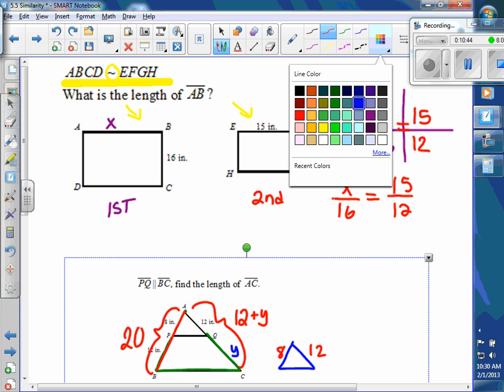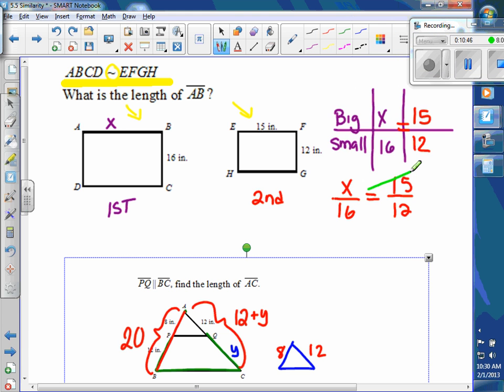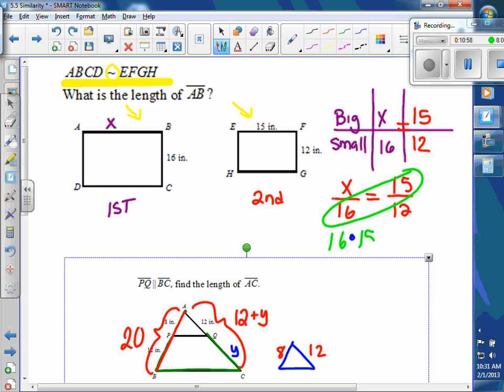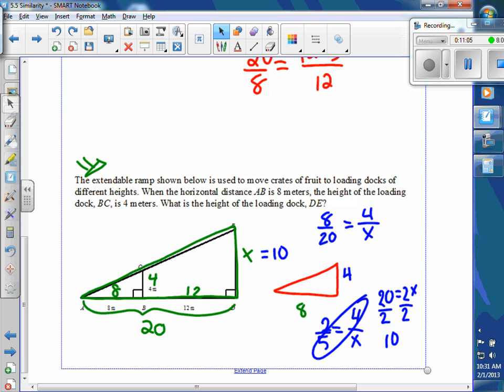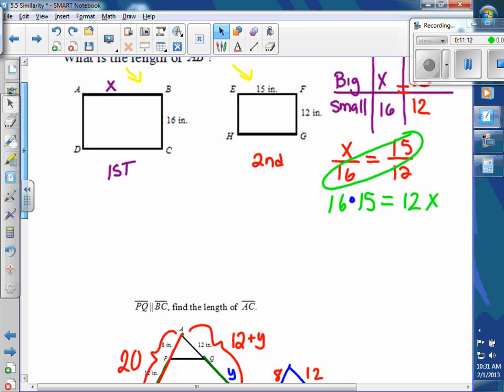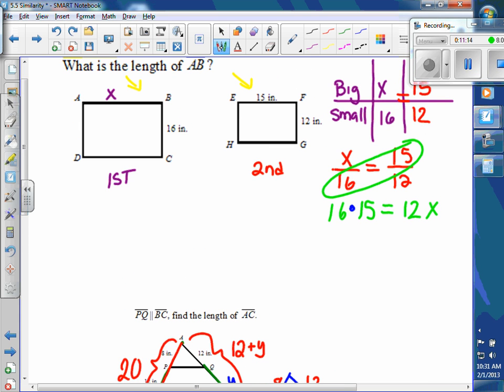So to solve that ratio proportion, you're going to cross multiply. 16 times 15 is equal to 12x. To solve that, we have to divide both sides by 12.